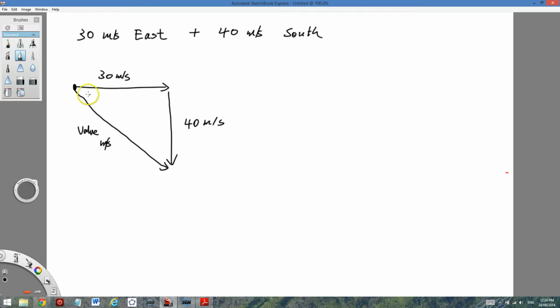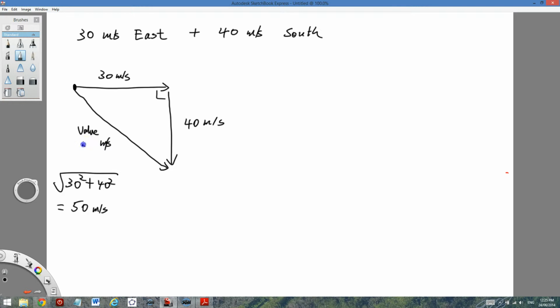It can be represented graphically, and the way you can find it is using Pythagoras' theorem. So we have a right angle triangle. Using Pythagoras' theorem, 30 squared plus 40 squared, square root of it is going to be 50 meters per second.